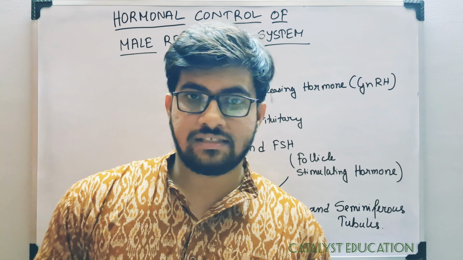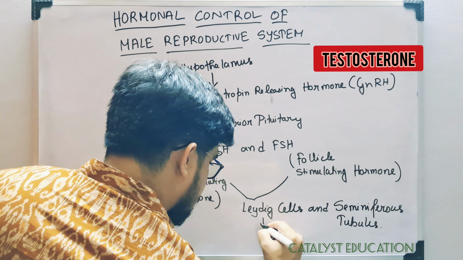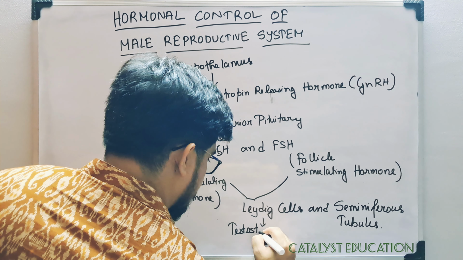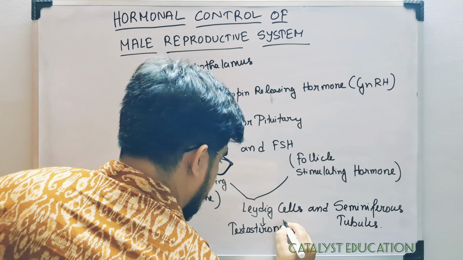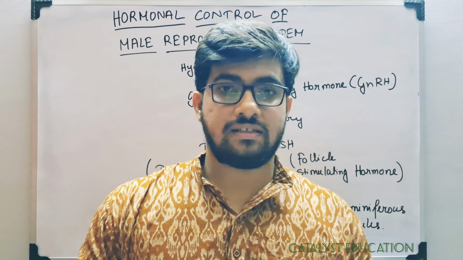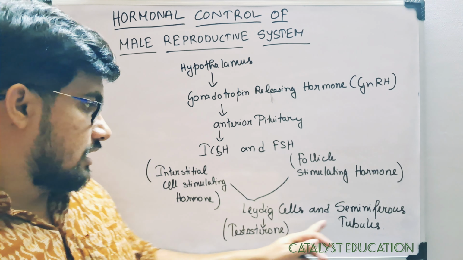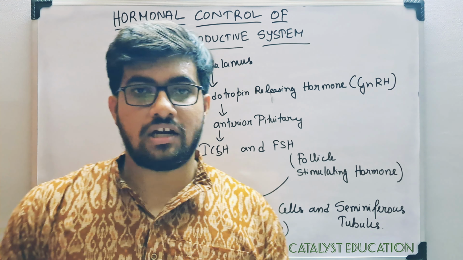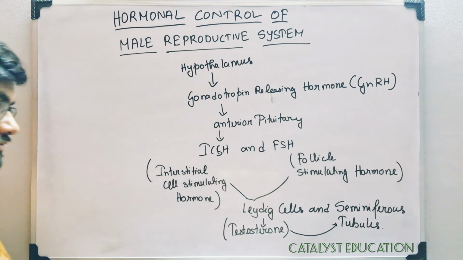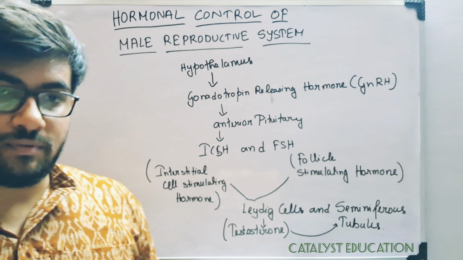The Leydig cells generally release testosterone. Now testosterone activates the male reproductive part, and seminiferous tubules are also activated by the testosterone, which in turn produces more sperms.